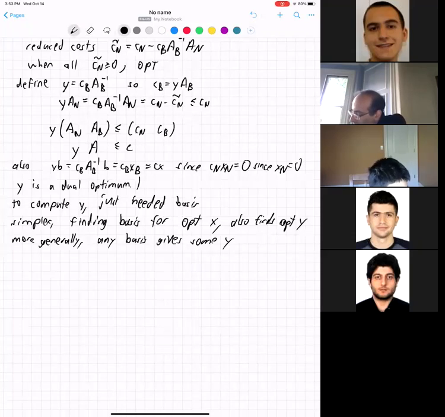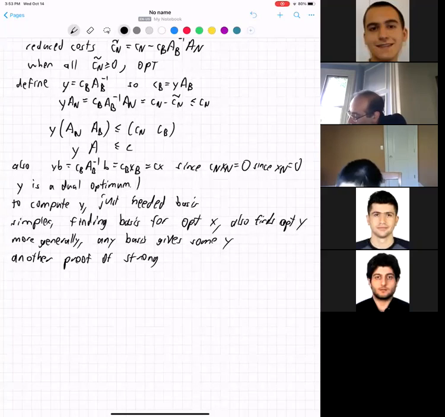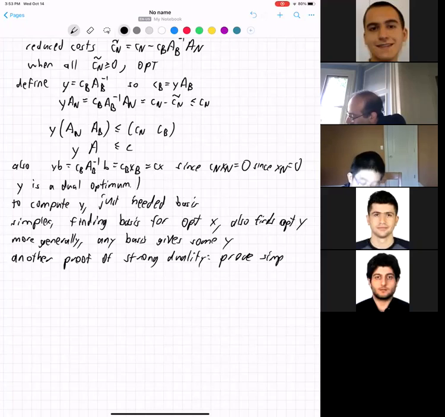But let me point out that this gives another way to prove strong duality, which is to prove that simplex terminates, e.g. by giving a non-cyclic pivoting rule.